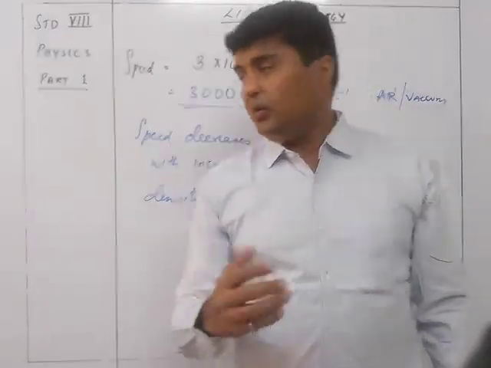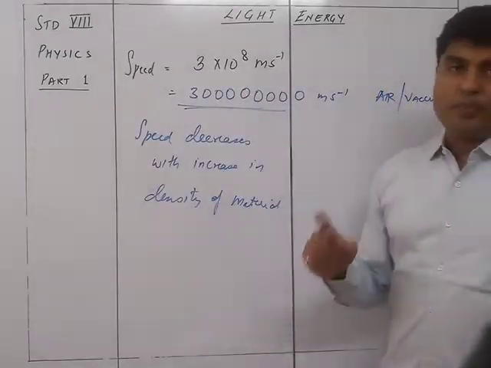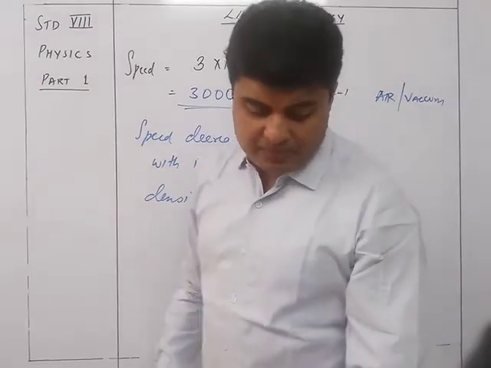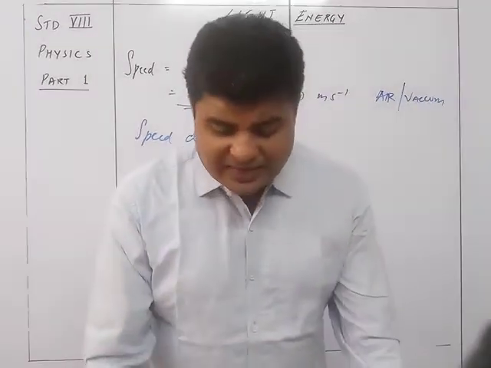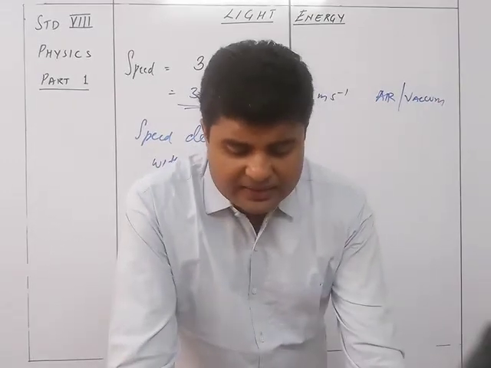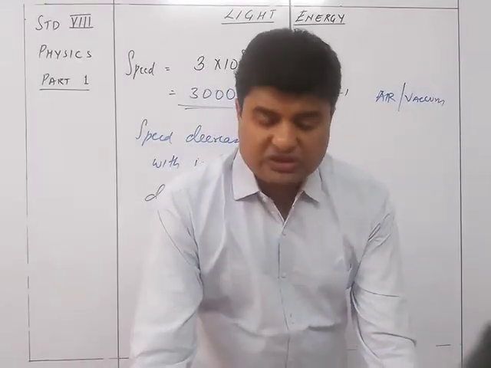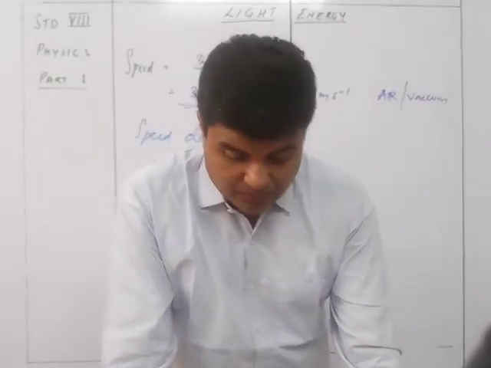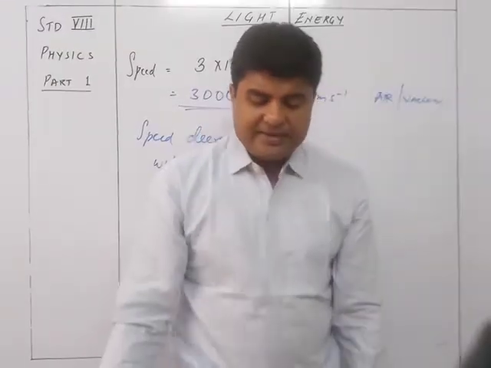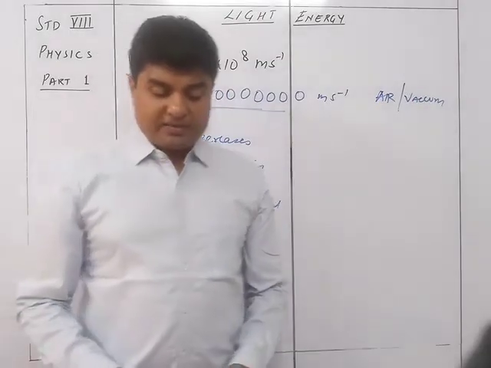So this is how density is going to play an important role. So here we see the speed of light in different media. In class 7th, we have read that light travels faster in air than in water or glass. The speed of light in air is 3 into 10 raised to 8 meter per second.